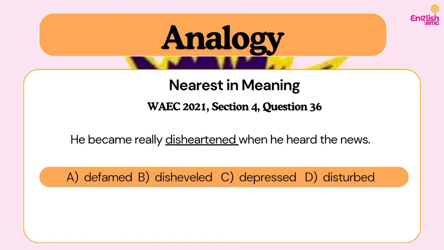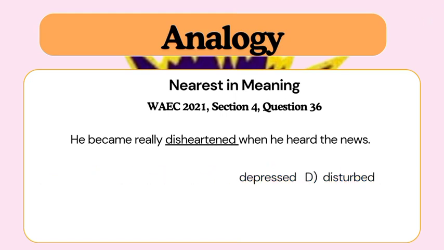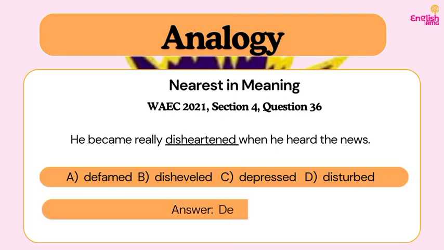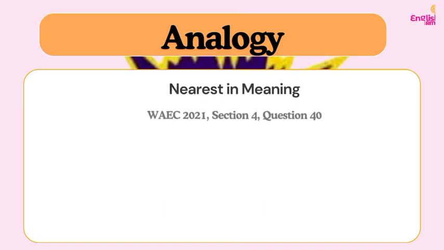Depressed. I hope you understand how I'm able to get my answer and delete the option that wants to look like the correct answer but is not. So our answer is what? C, depressed. Please, if anything is unclear to you, you can let me know in the comment section and I will be glad to give you more clarity.